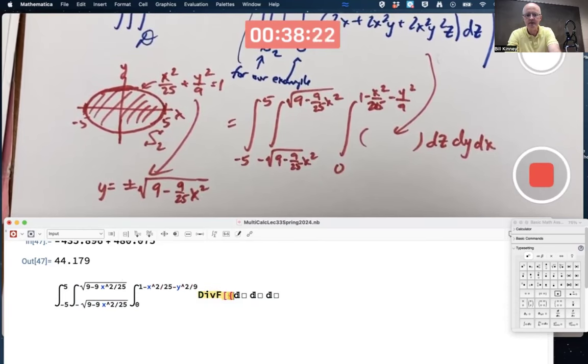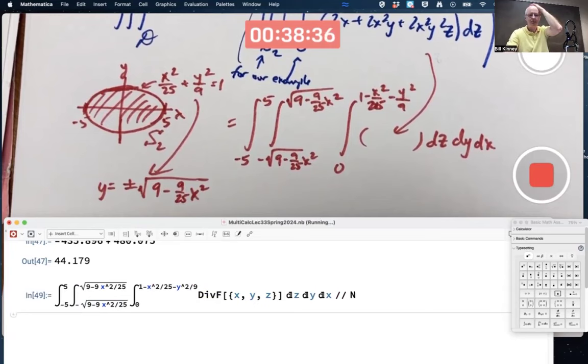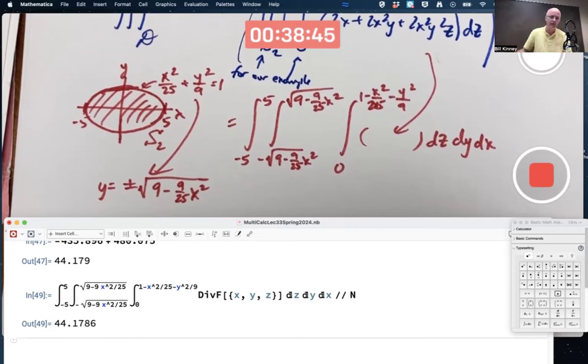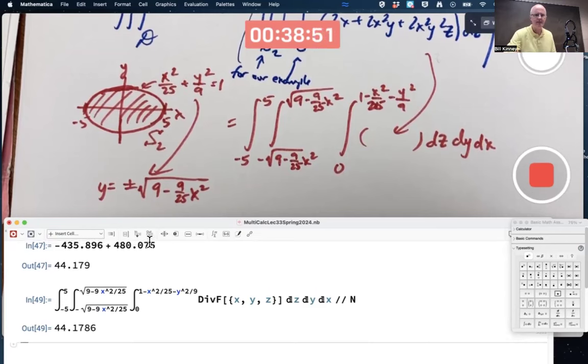I use curly braces, so do that here. dz, dy, dx, and get a numerical approximation right away. We are hoping for an answer of 44.179. Maybe we have to use NIntegrate instead. There we go. Okay. So it rounded the other one more. I guess that's because I was using rounded numbers up there. So we're happy.